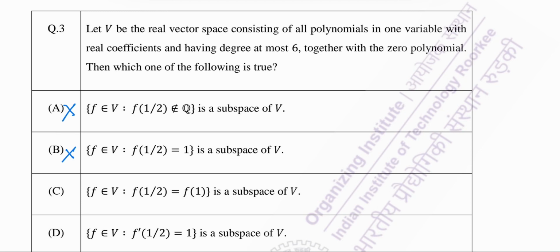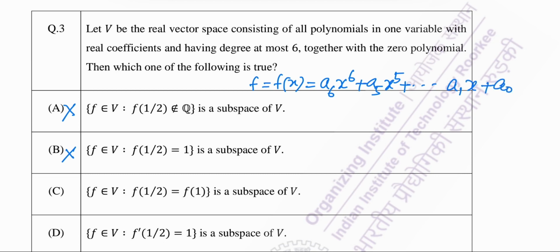Option D. For option D, here you see again F. So I keep the same symbol, and this time I take the coefficients as you see here, a5 x to the power 5 dot dot dot a naught, or you may write here a1 x plus a naught.